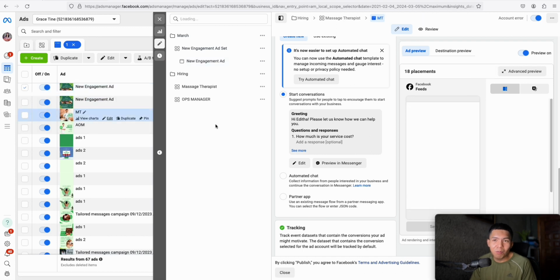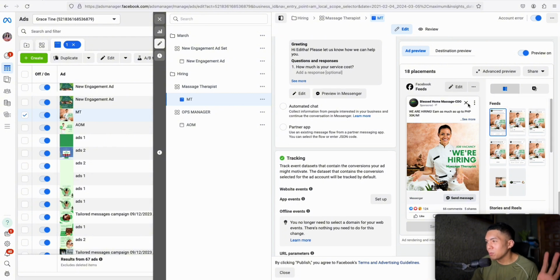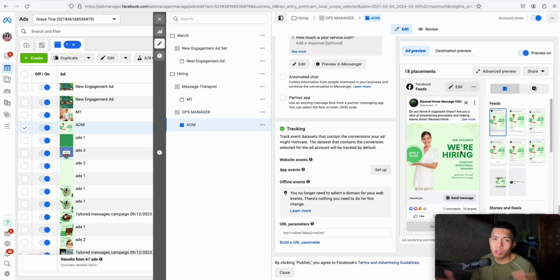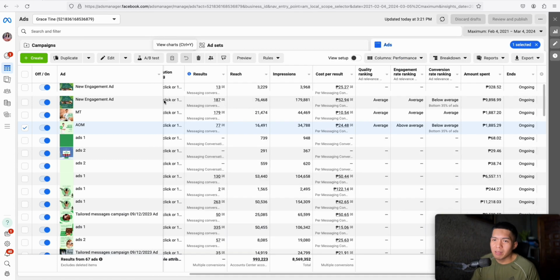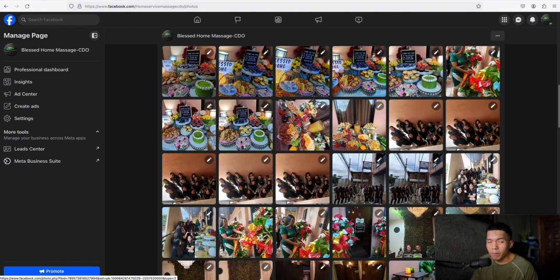Also, one of the problems that we encountered was the client needed more staff, so we just launched a bunch of hiring campaigns as well. These campaigns did very, very well, and there you go. Those are one of the problems that you're going to face if you are scaling.